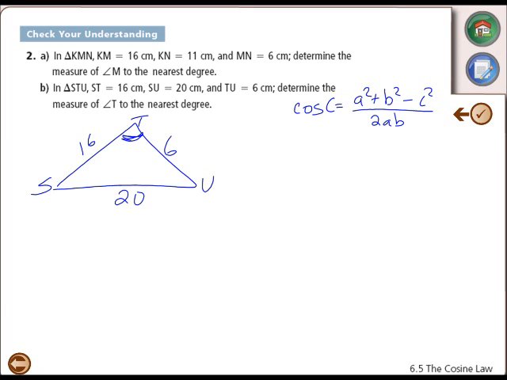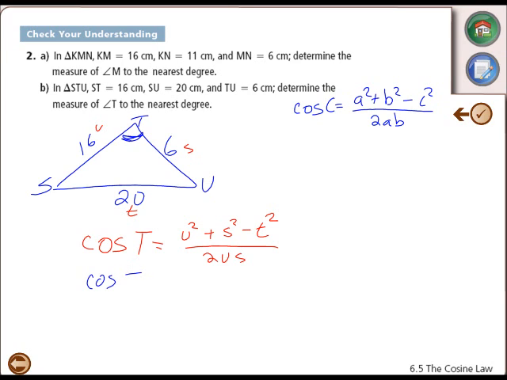Well, I'm going to use my newfound formula. Cos of T this time is equal to, add the other two sides, not the T side. So this is T, this is S, this is U. Label always your triangles. So we've got U squared plus S squared minus the related side, T squared, over 2 times U times S. All right, fill in what we know.